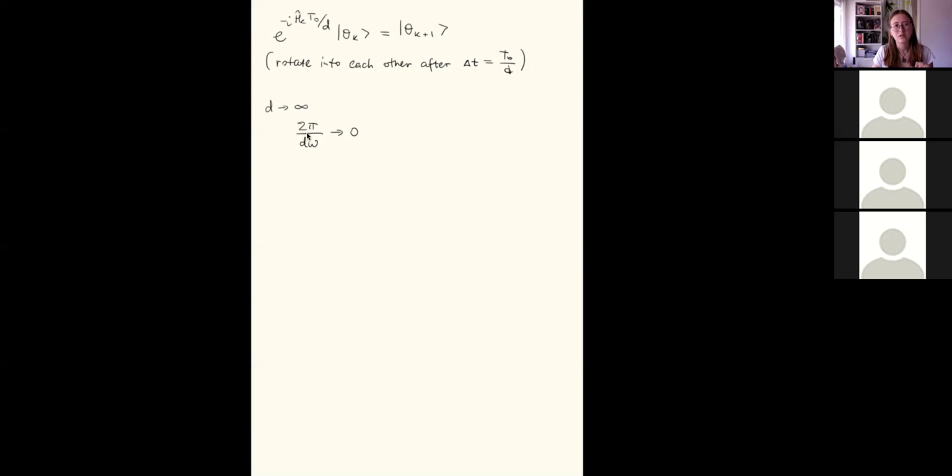But let us just consider the case when it's an infinite dimensional clock, but it also satisfies that 2 pi over d omega goes to 0.